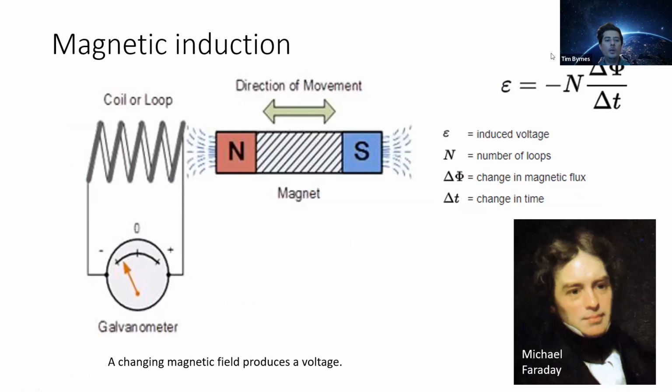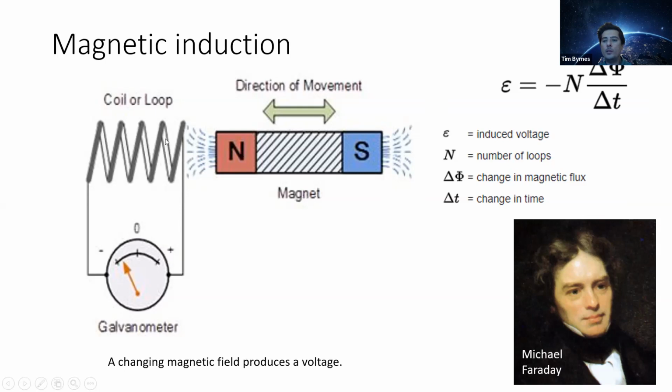If you have this loop here and you put a magnet inside the loop, then while the magnet is being put in the loop, you will get a voltage. I think you saw a video about that, where this voltmeter starts to move as soon as you put the magnet in, but only when it's moving, right?